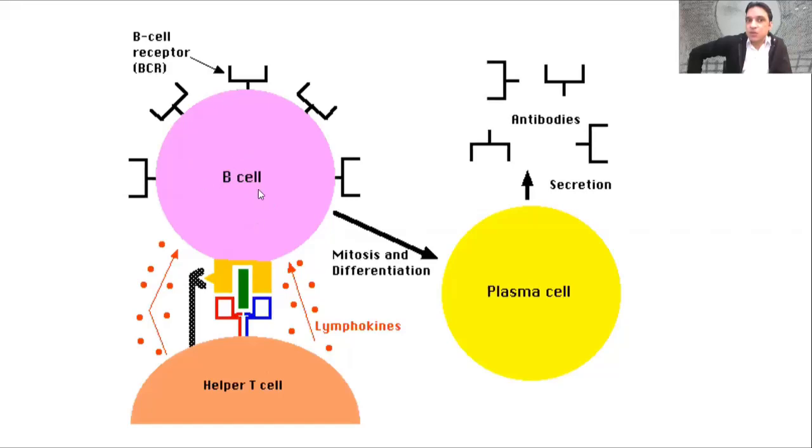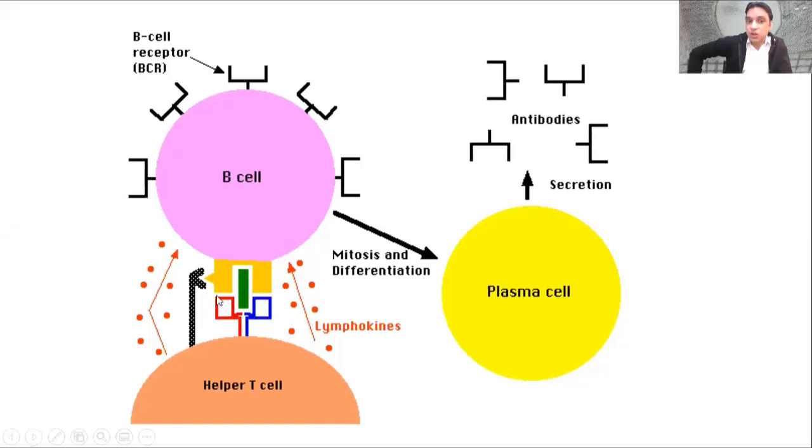Activation of beta cells results in the production of more antibodies as well as converting them into plasma cells. The plasma cells are designed to secrete a huge response of antibodies in the system. So that is called the T-dependent activation of beta cells.